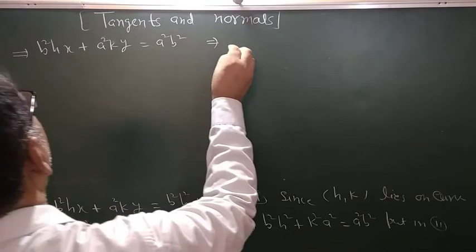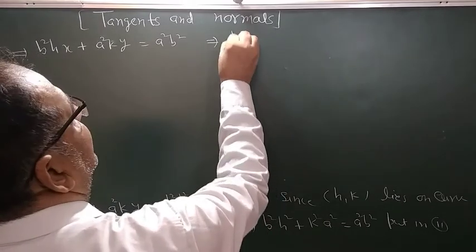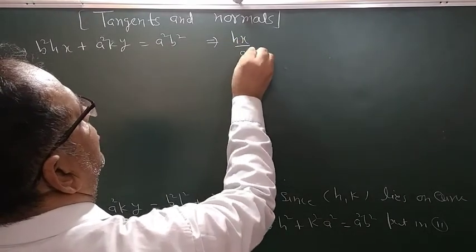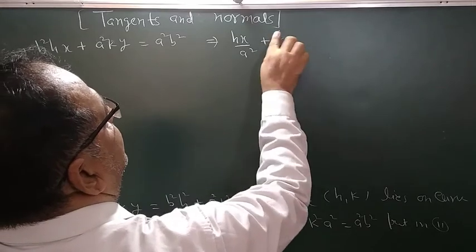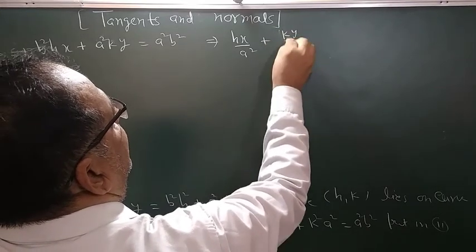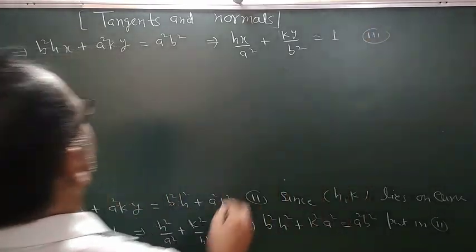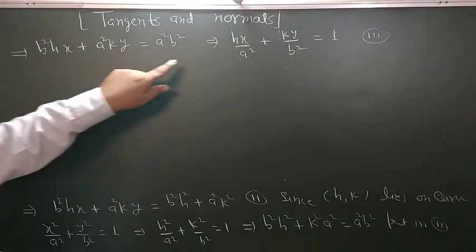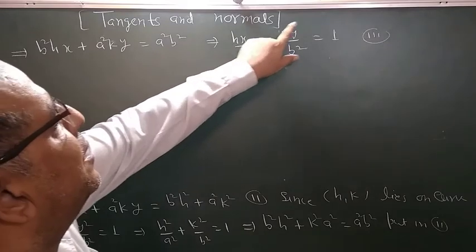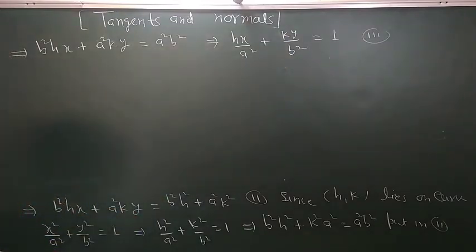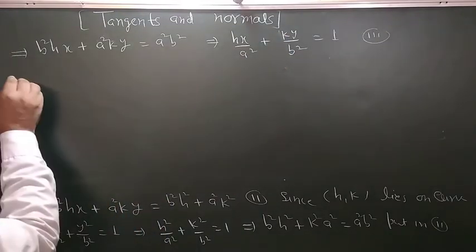This also can be written as h x upon a square plus k y upon b square equal to 1. After dividing a square b square on both sides, we have h x upon a square plus k y upon b square is equal to 1.